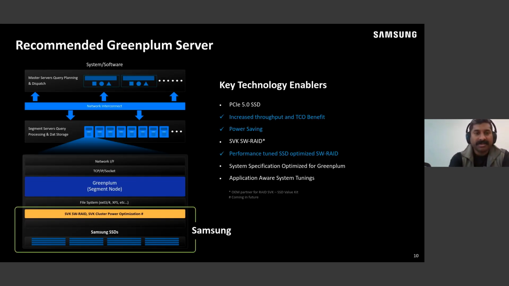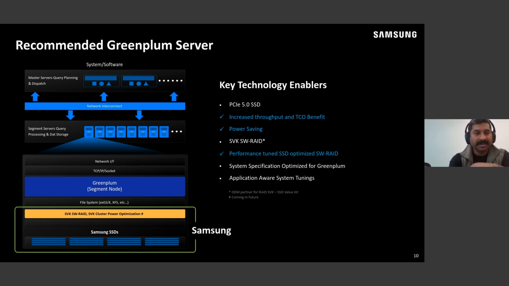Right. Moving forward. So this is a quick software stack view of a single node. We have tried to explain how it looks when the Samsung system software goes beneath the Greenplum architecture.